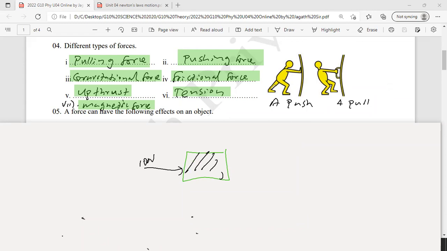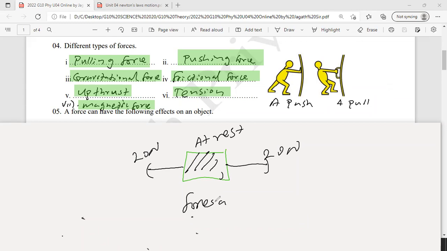Or else you can write tug of war. You are pulling this side and they are pulling the other side with the same force, 20 and 20. So this will not move either side. This will be at rest. Why? Forces are balanced. Forces are in equilibrium.